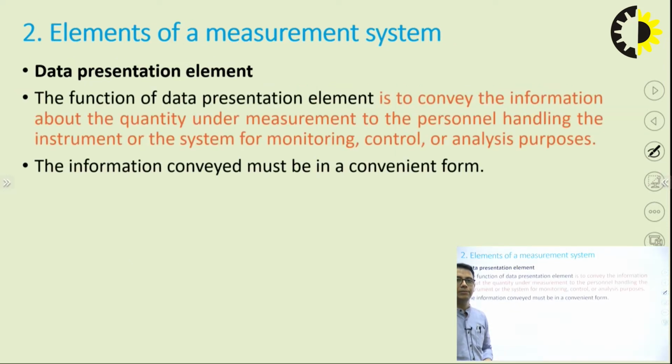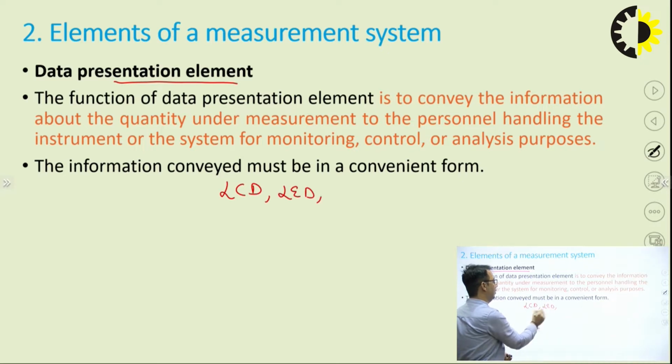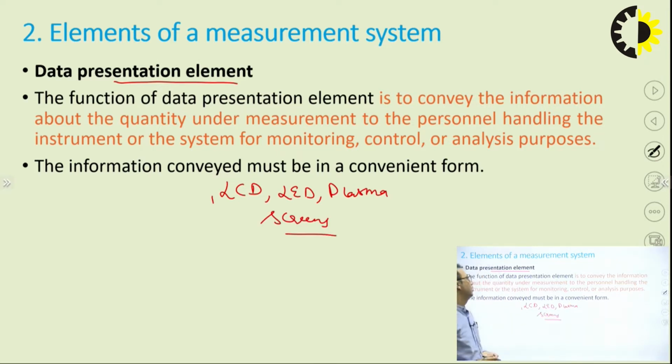And lastly, the data presentation element. That block is used to display the data in numerical form, or some sort of deflection of a needle, like our LCD, LED, or plasma. All these screens are data presentation screens.